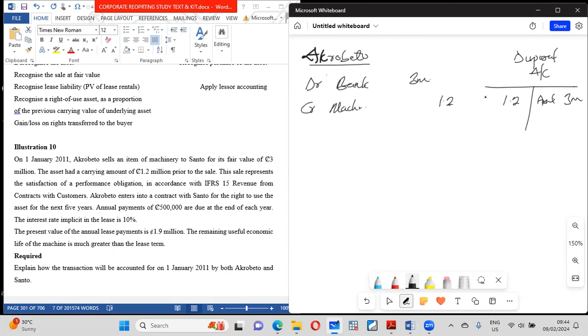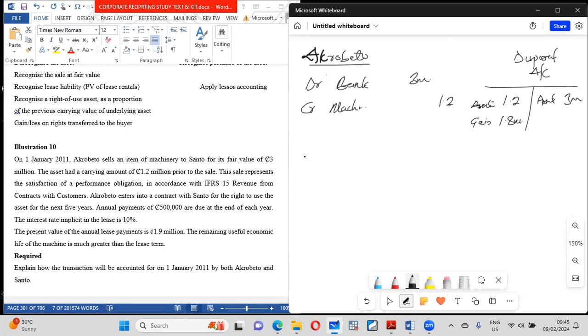We have removed the asset and we now have some kind of gain or loss inside this. How much is the gain? We have a gain of 1.8. That is what we have. So this is the asset, and we have a gain of 1.8. We hold on to this gain.